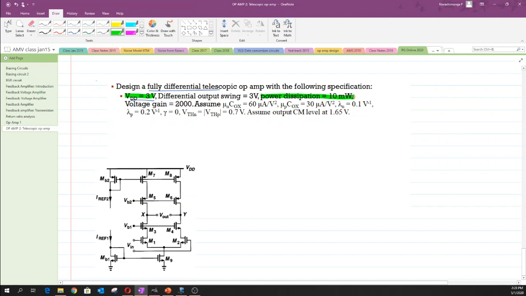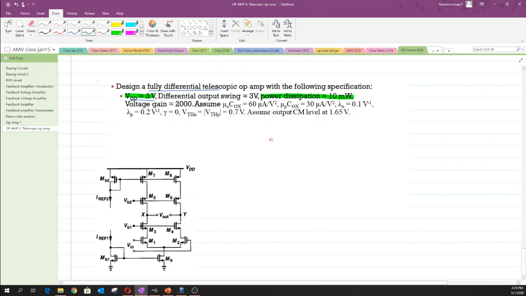But in certain cases, if the slew rate is given as data, it is only the slew rate that defines the current in an op amp. Obviously here the slew rate is not specified, due to which one could use the power dissipation data in order to evaluate the DC current flow through the circuit.